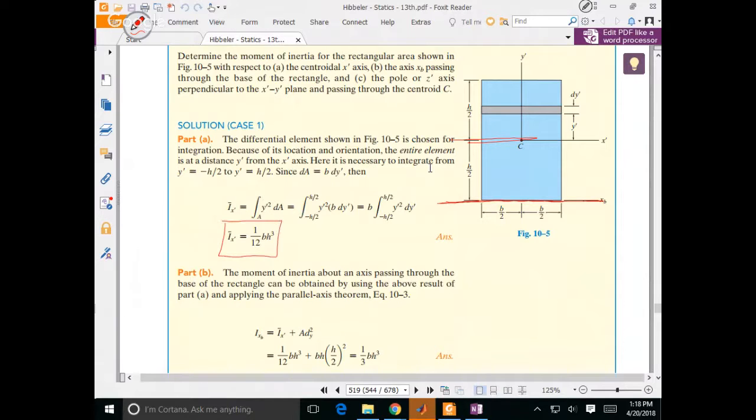That's this. Notice it has a bar on the top of it. This one does not. So it's basically saying, take this 1/12 base times height, multiply times the area, which is base times h, and then d squared, the distance to it, and you'll end up with what it would be down there.